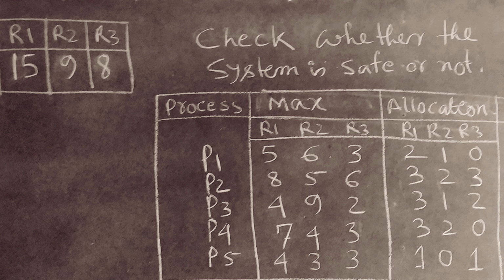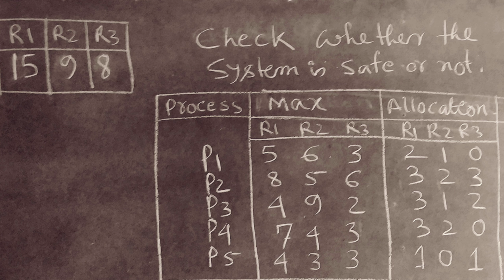Considering our previous numerical example, where 3 resources with total availability and 5 processes with corresponding max and allocations are given in the table. Allocation indicates the resources already allocated to individual processes, and max indicates the maximum the process can request from the operating system.